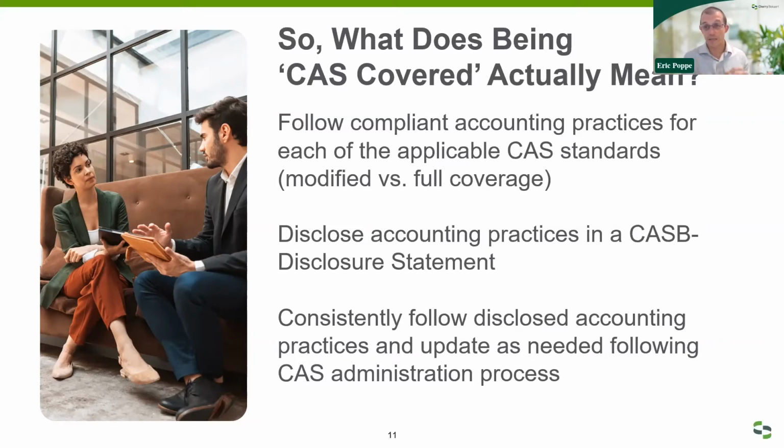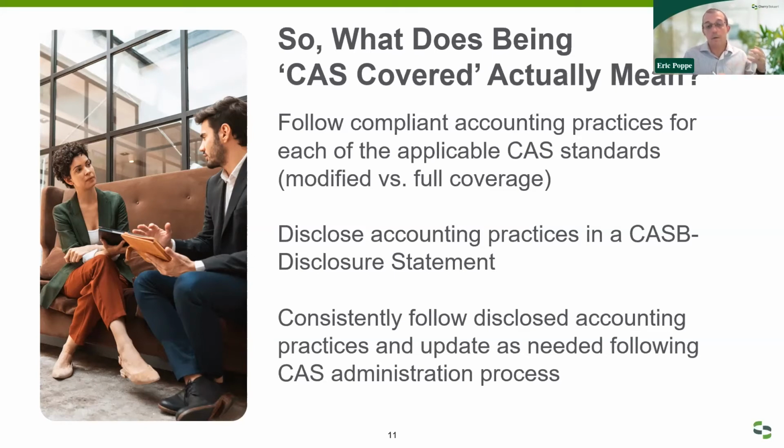Before you're CAS covered, and we talk to contractors a lot about this, if you think it's going to happen, start looking at your estimating practices, your indirect rates, and your cost accounting practices, and line those up to a structure and practice that you think you can grow with. Because once you are full CAS covered and disclosing your cost accounting practices, sometimes it's really hard to separate CAS covered contracts from non-CAS covered contracts, especially for future bids, because you're one accounting or finance department, and tracking it, depending on the limitations of your ERP, can become pretty difficult.